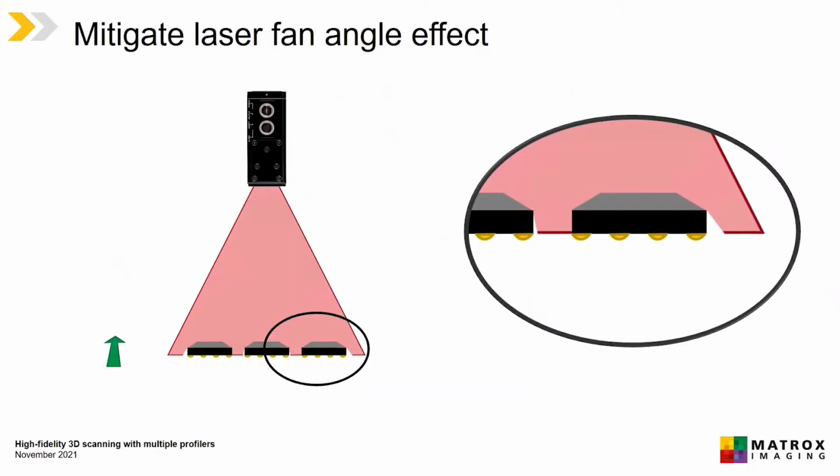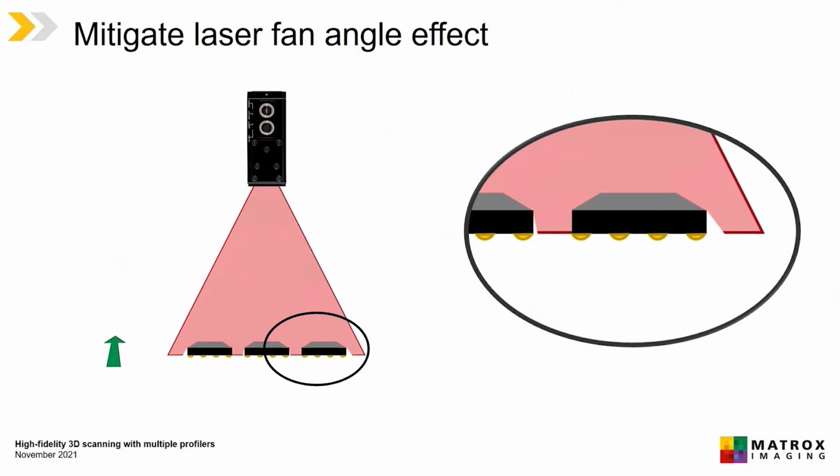So using multiple 3D profilers together extends the field of view, but also has the benefit of mitigating the occlusion due to the fan angle of the laser, which is a limitation of a laser profiler. This occlusion is caused by the fact that the laser doesn't hit the bottom plane directly beside the object.